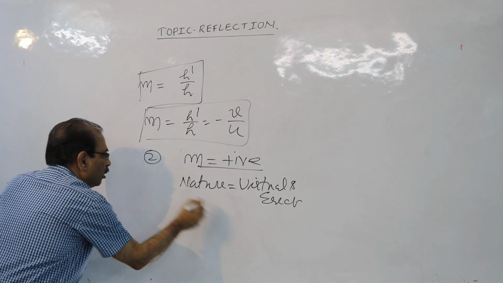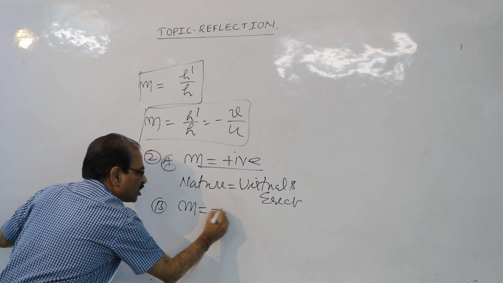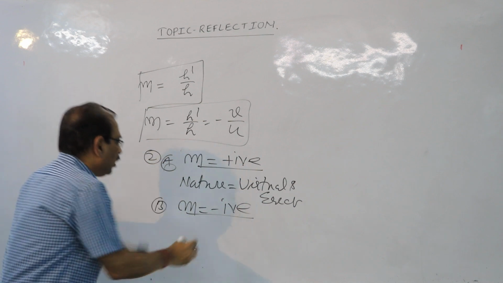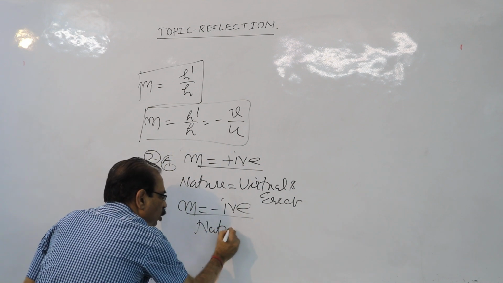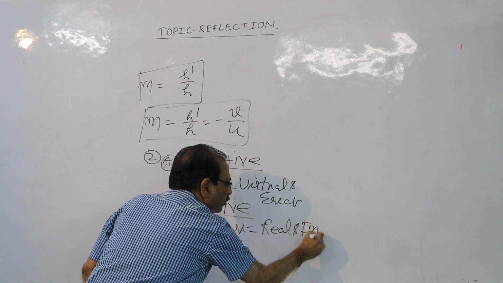Number B, if magnification is coming out to be minus, with a negative sign, then remember children, the nature of image will be real and inverted.